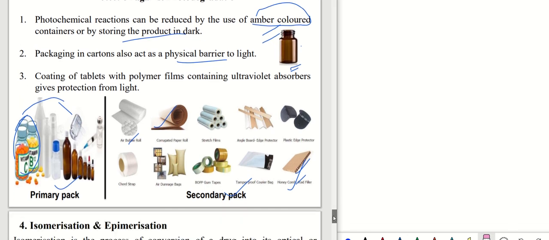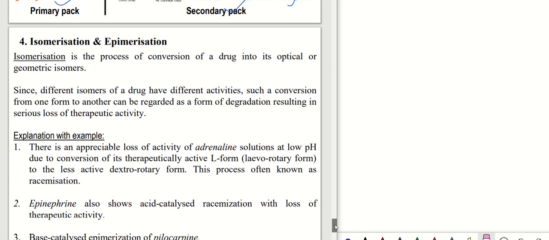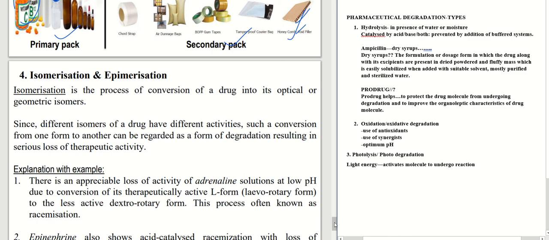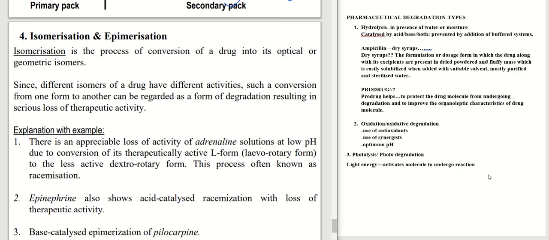Now let us see the fourth way of degradation: isomerization and epimerization.